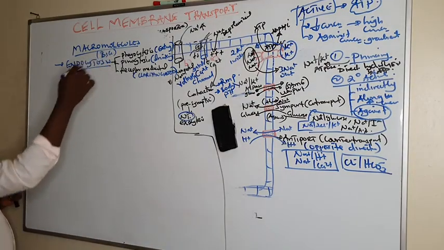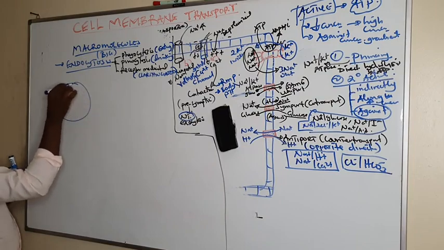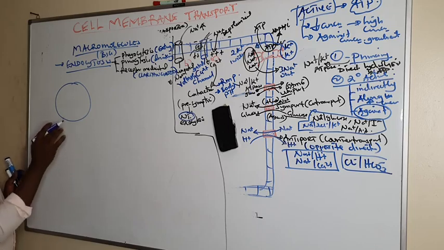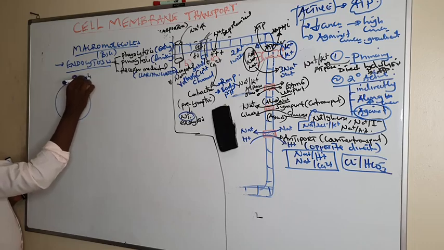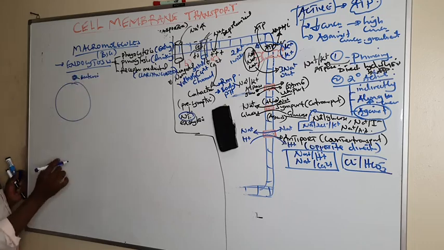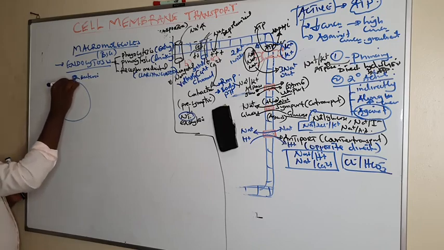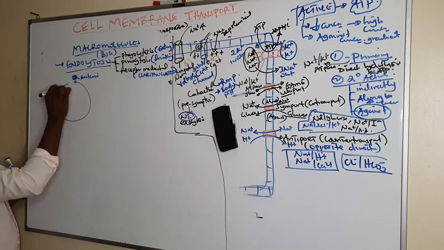And for example, phagocytosis, if I have a cell, and this is the cell membrane, so what is going to happen? If I have a molecule outside, like a bacteria, it is going to be attached on the surface of the cell. Then the cell forms what we call an invagination.